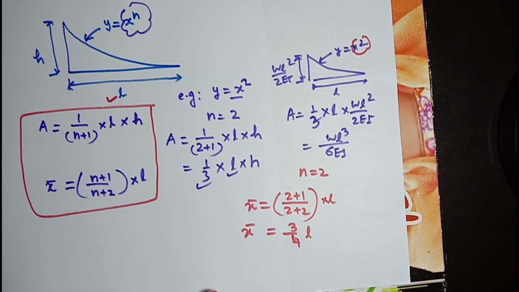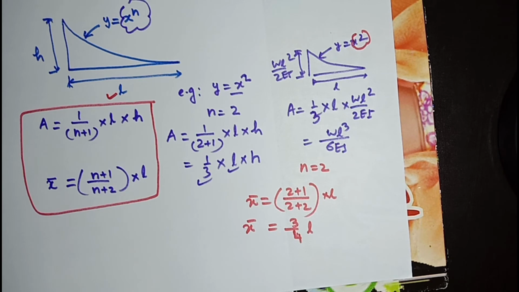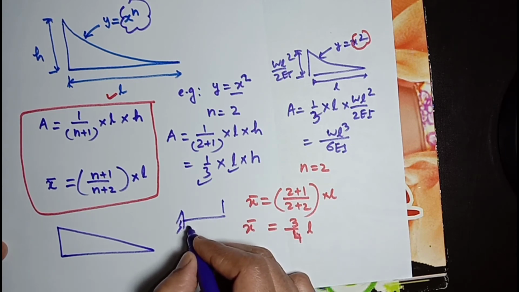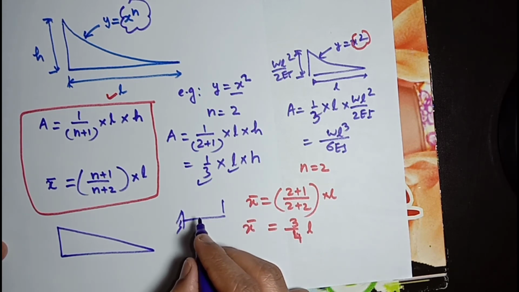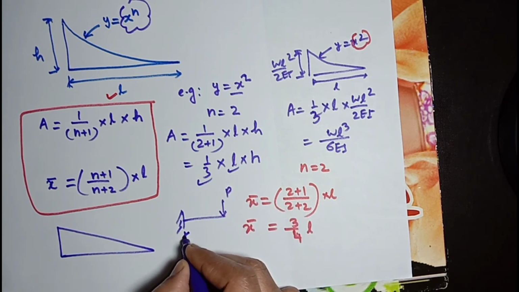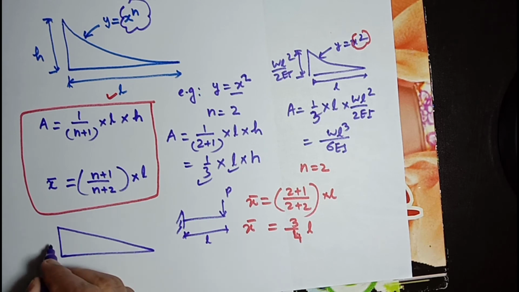Same thing, in case of point load, you will find bending moment will vary linearly. It will be something like this one. Suppose it's a fixed cantilever beam, and it is subjected to point load P, its length is L, maximum moment will be PL.